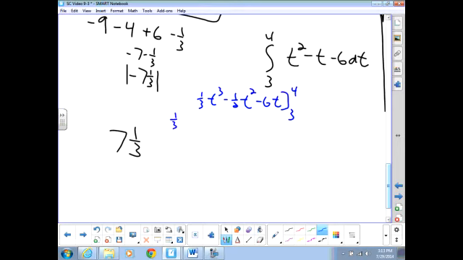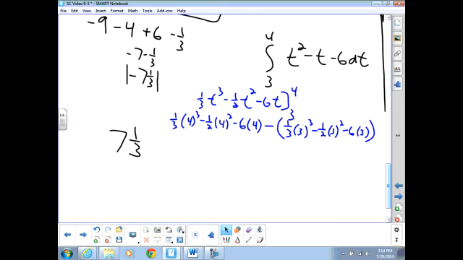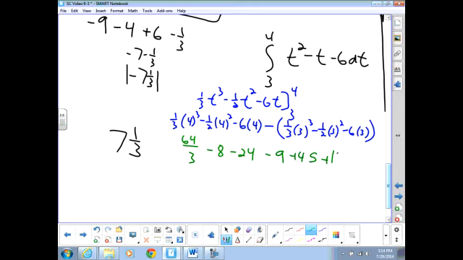So we'll have 1/3 times 4 to the third minus 1/2 times 4 squared minus 6 times 4 minus the whole quantity of 1/3 3 to the third minus 1/2 3 squared minus 6 times 3. And all these values we've seen before in parts of this problem. We have 64 over 3. We have a minus 8, a minus 24. And the parts from our previous problem, just the signs will be switched. We'll have a negative 9, a positive 4.5, and a positive 18.